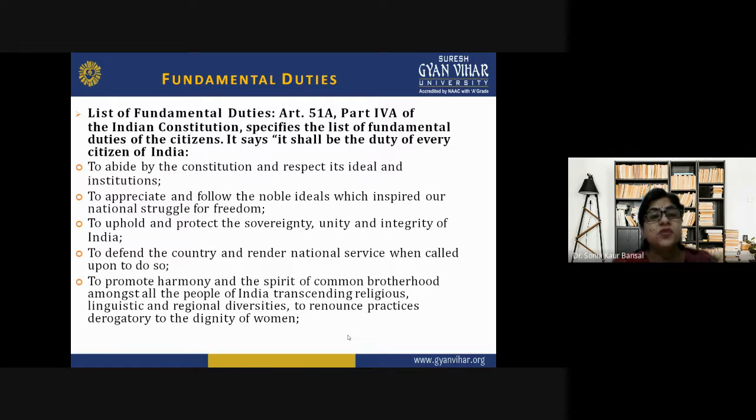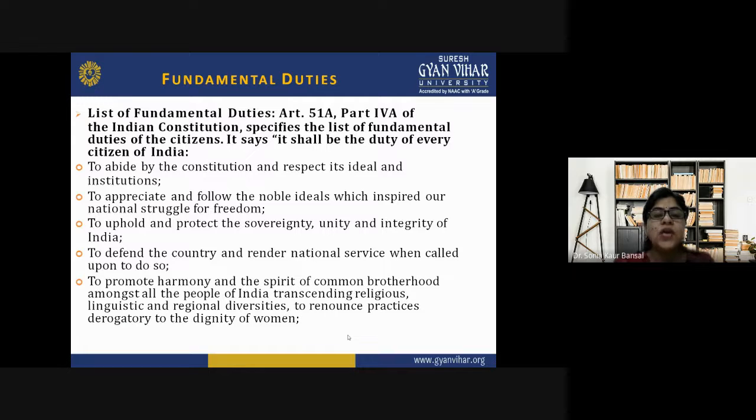Then, the next duty is to uphold and protect the sovereignty, unity, and integrity of India. Then, next is to defend the country and render national service when called upon to do so.